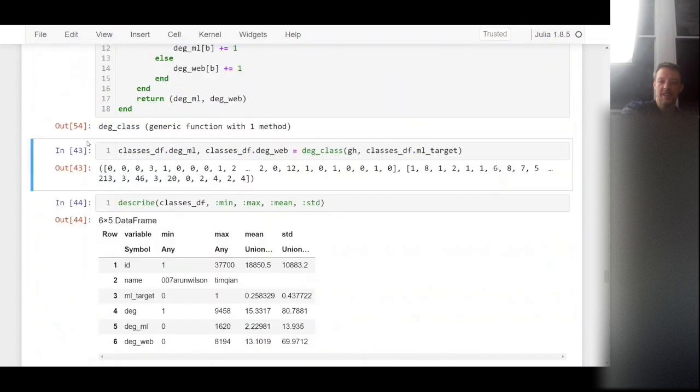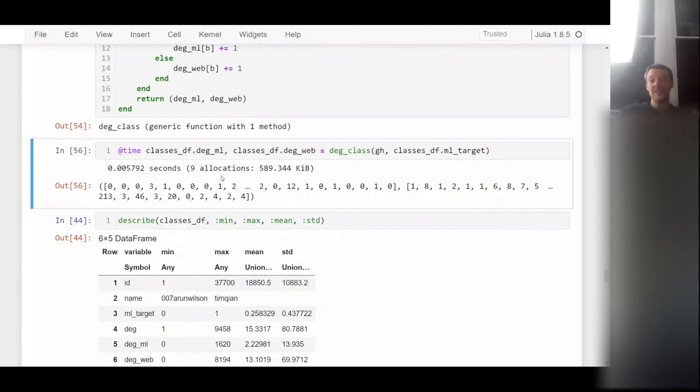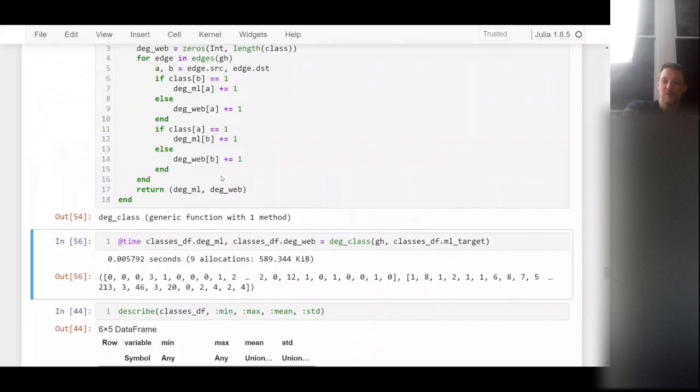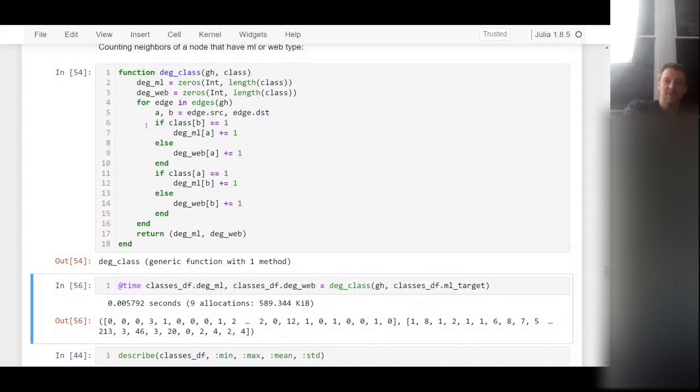Okay, and I can run this and add 2 more columns to my data frame, deg ML and deg web. And maybe one more comment. Let us check how fast this runs. And as you can see, it runs super fast. So again, we can see one of the big benefits of Julia, that we can freely use for loops.